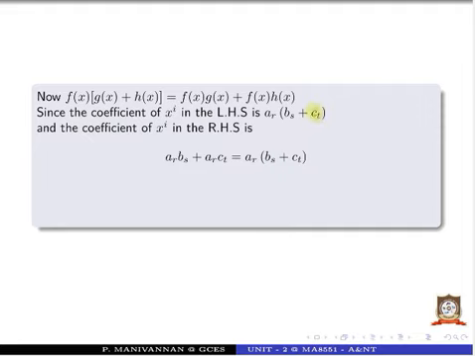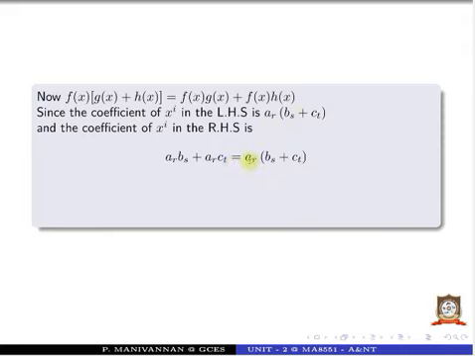What is ct? It is the coefficient in the term of h of x. The coefficient of x power i in the right hand side is ar bs plus ar ct. Taking ar common outside, it is equal to ar into bs plus ct.